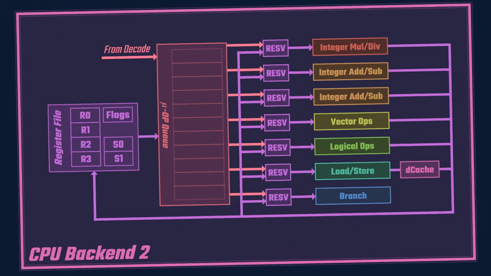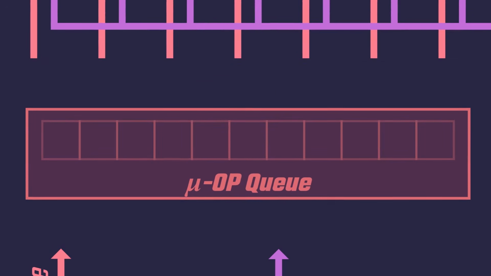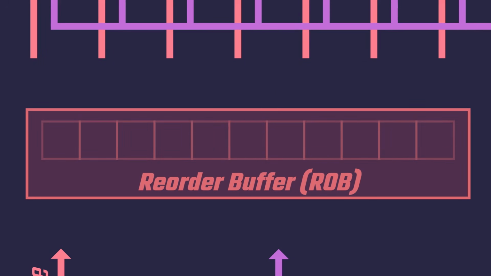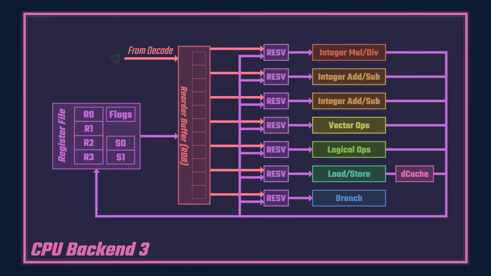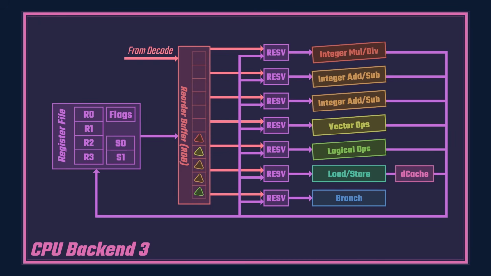Fortunately for us, this is solved by a very simple upgrade to our system, and that is to replace our microp queue with something called a reorder buffer, or ROB for short. Like the microp buffer, microps are pushed into the ROB, but they don't get removed as soon as they are issued. No, instead, they wait until the microp finishes executing.